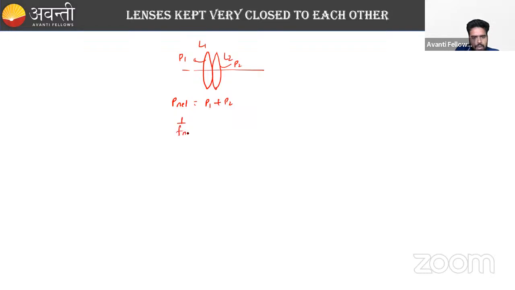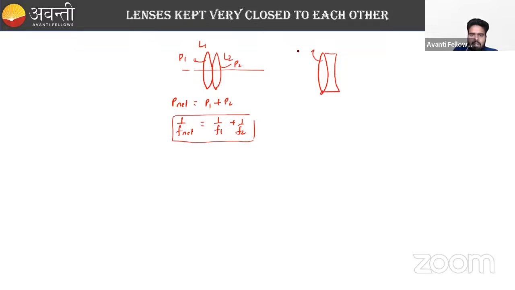So we can say 1/F net is also written in this manner: 1/F1 + 1/F2. If we consider that the two lenses have opposite characteristics, one is a convex lens and the other is a concave lens.